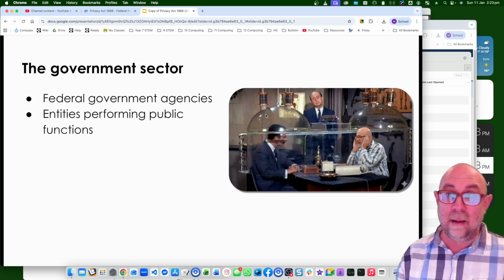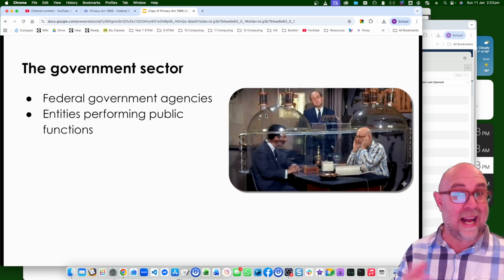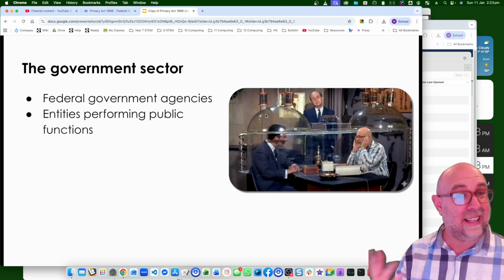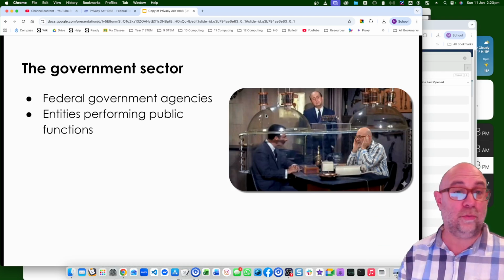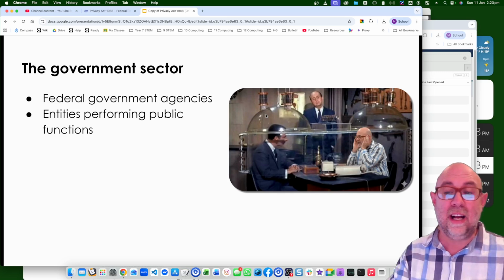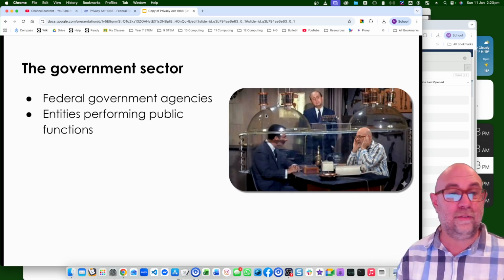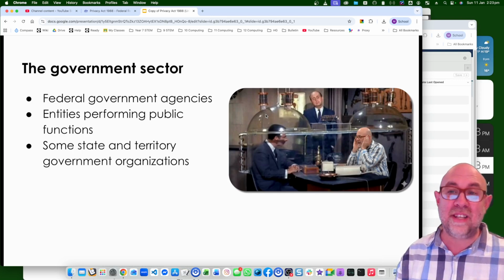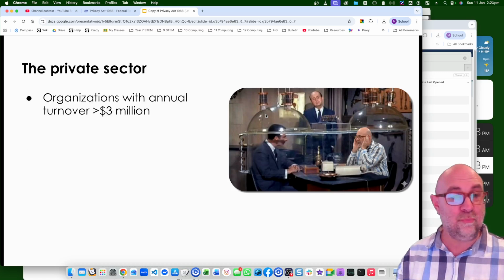Entities performing public functions. So if you're acting on behalf of the federal government, let's say, I would say hospitals, for instance, which I don't think you're actually a federal government employee, but they are performing the function for the federal government, and some state and territory organisations, but I wouldn't get too fussed about that.